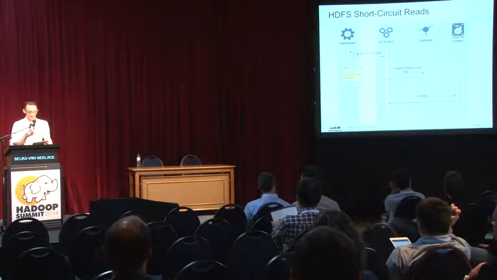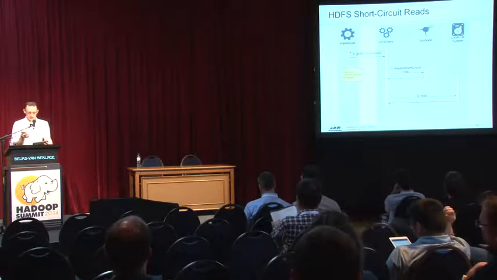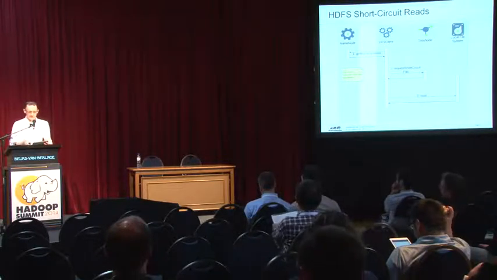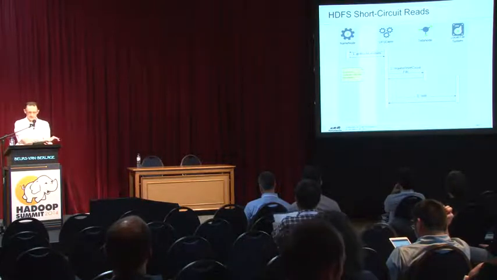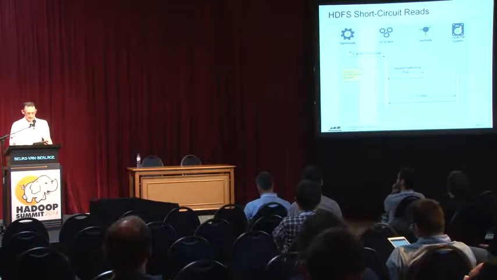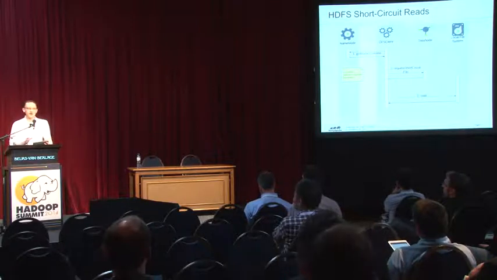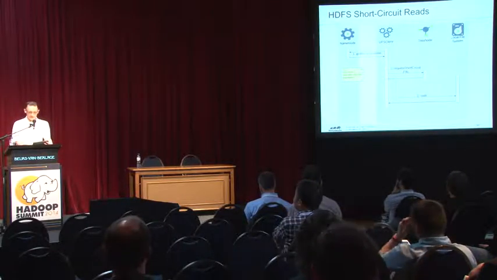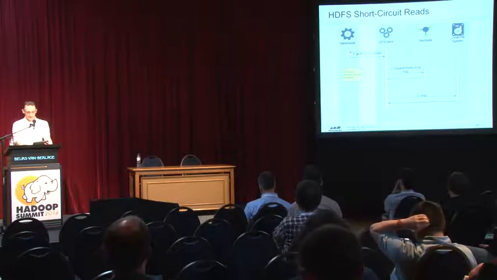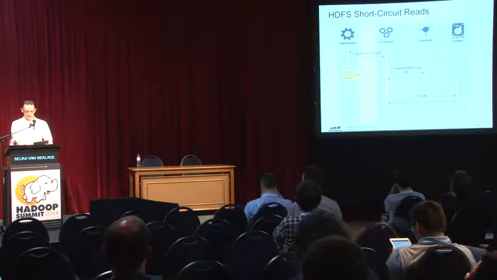What's happening in this interaction is the data node process opens the block file, obtains the open file descriptor, and then transfers it to the DFS client via a Unix domain socket. And from there, step 3 shows that the DFS client process can read directly from that file descriptor, and this saves the overhead of transferring all of the bytes via TCP through the data node process.